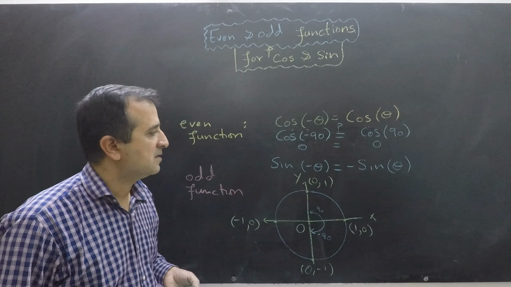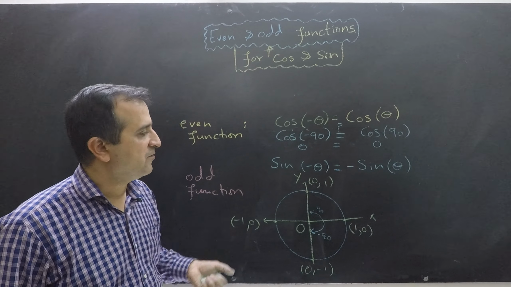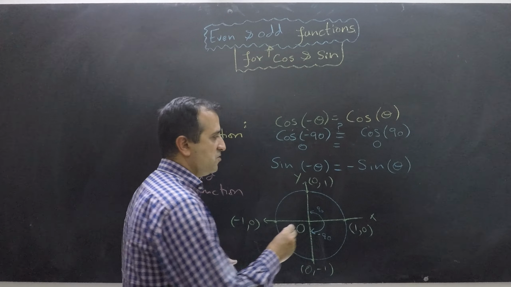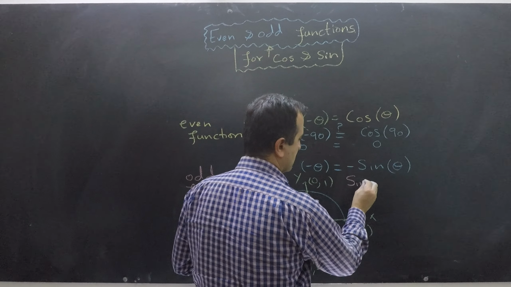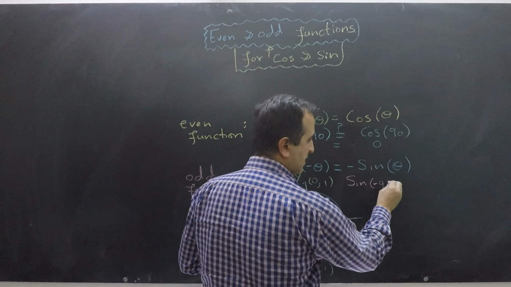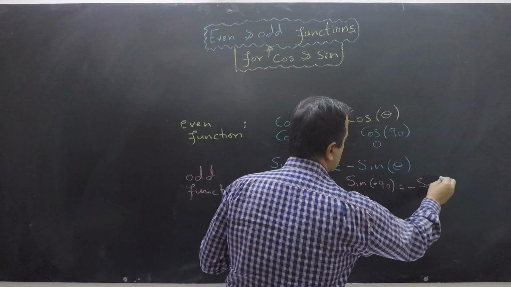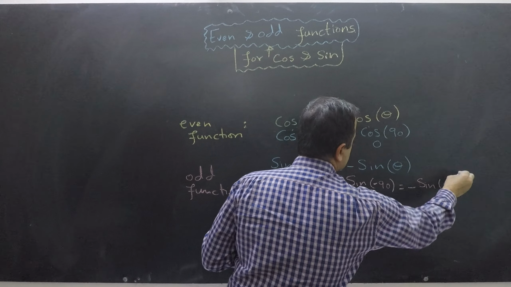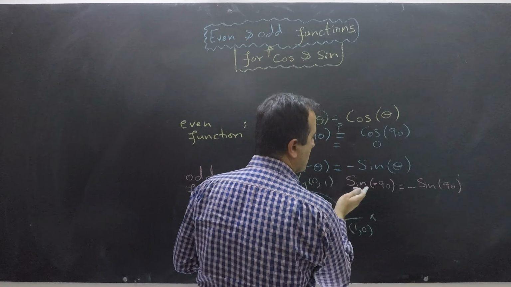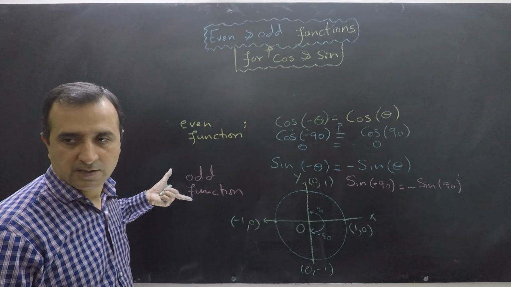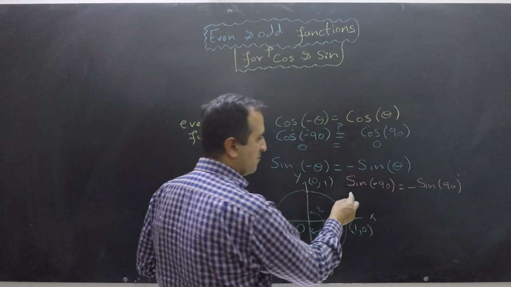Now continue the same example for sine. Let's see if sine minus 90 is the same as minus sine 90. If this equality holds, then sine must be an odd function. So what is sine minus 90?